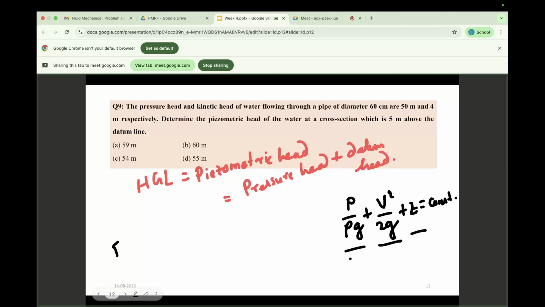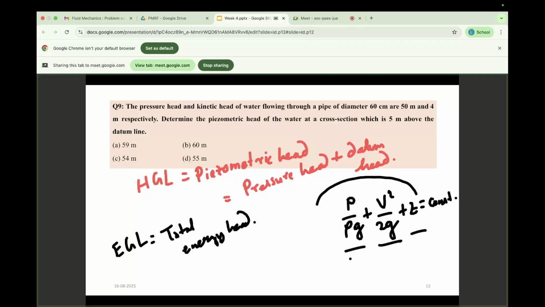The energy gradient line means the total energy head. So this whole term together is known as the energy gradient line or total energy head, right?